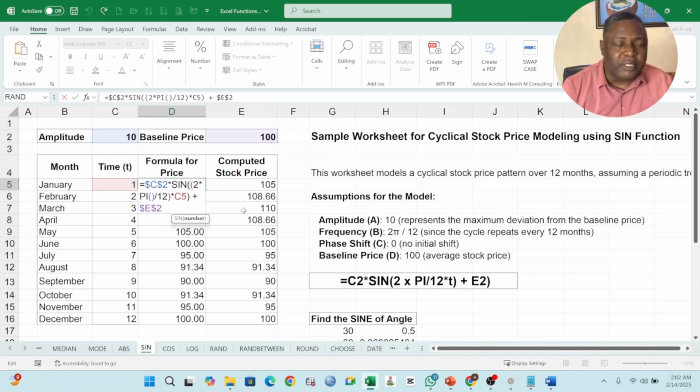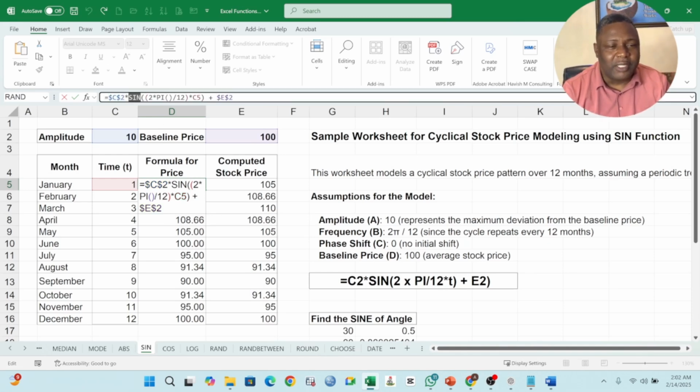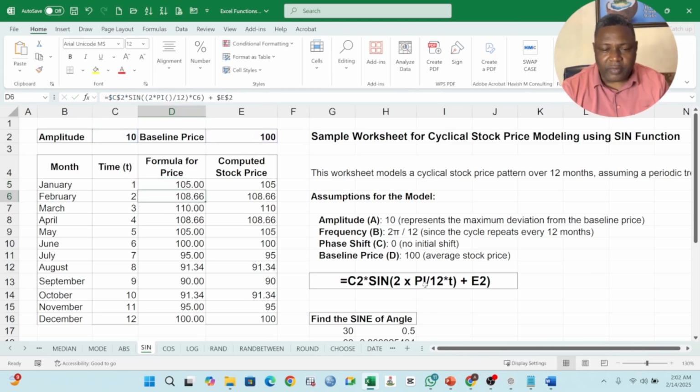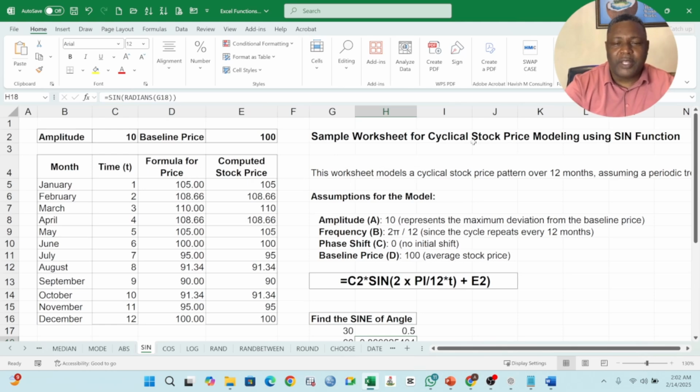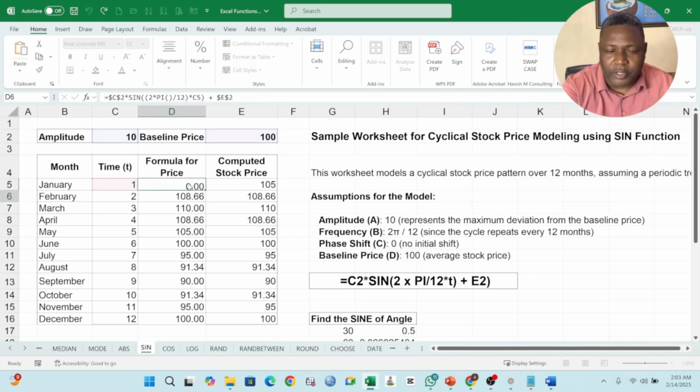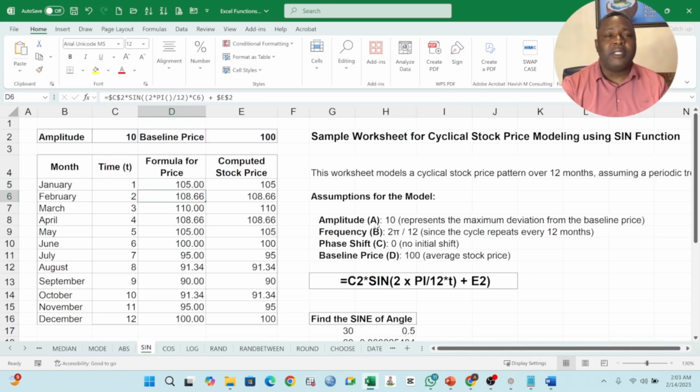But the beauty of it is that the sine function is part of this formula. What I just want you to understand is the basic use of the sine function. But if you have been looking for a solution for cyclical stock price modeling using the sine function, this is the solution for you. All right, so this is where we're going to stop on the sine function.